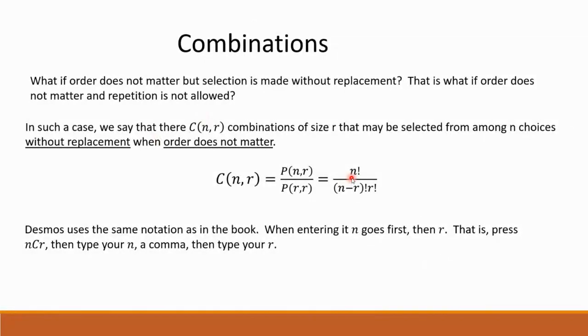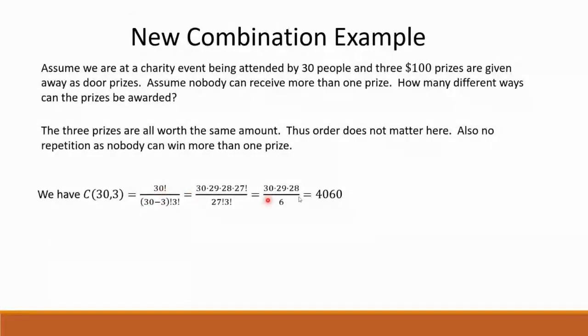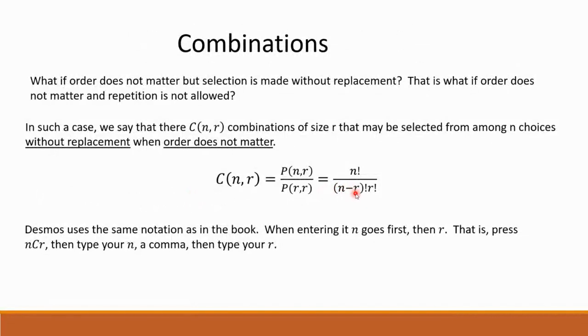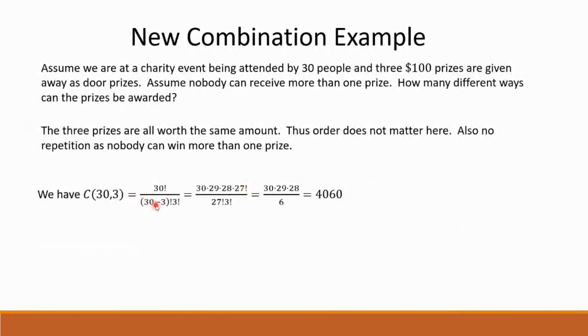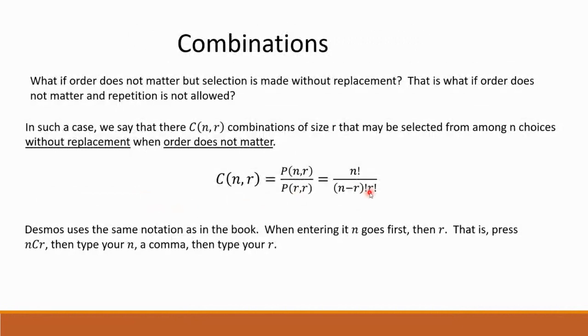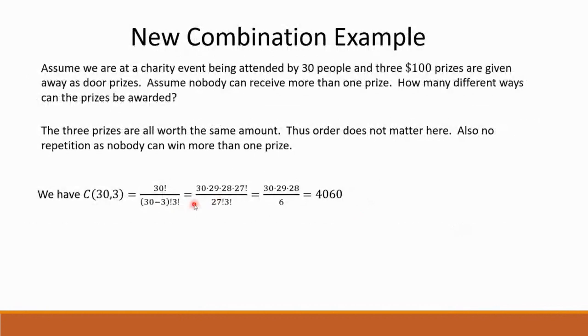N in this case is 30, and R is 3. So if I substitute, we have 30 factorial over 30 minus 3 factorial, and then we also multiply by an extra R factorial, as you can see.